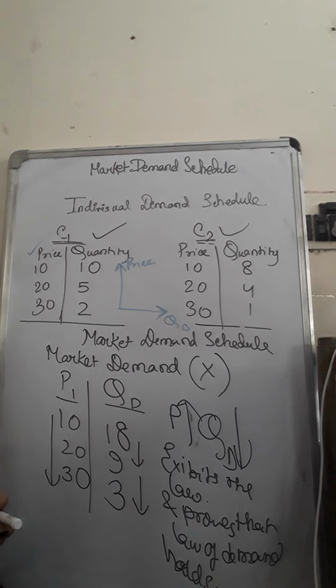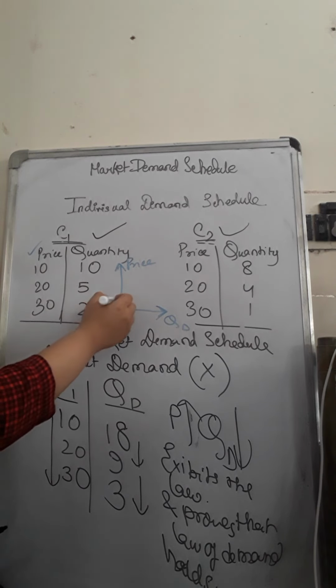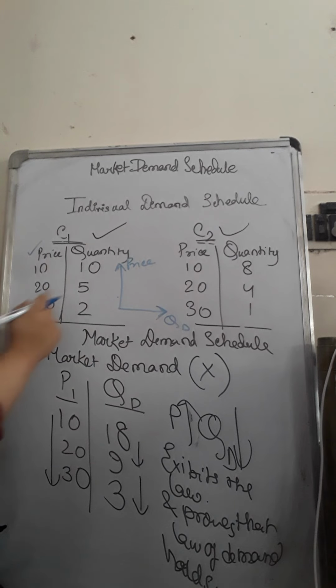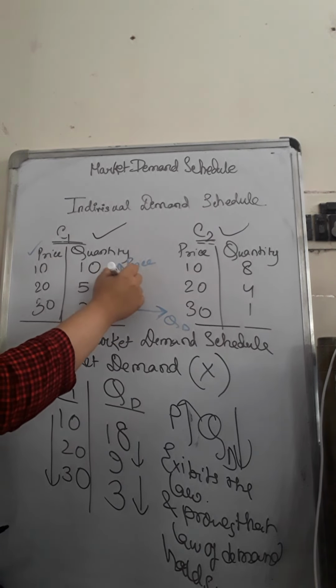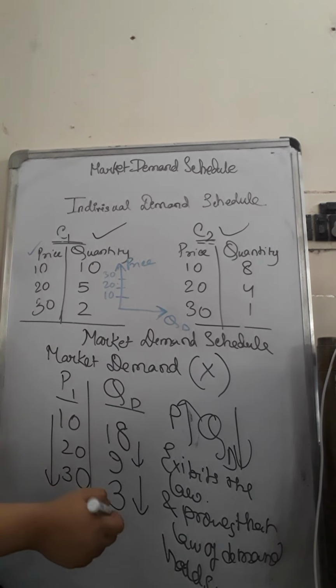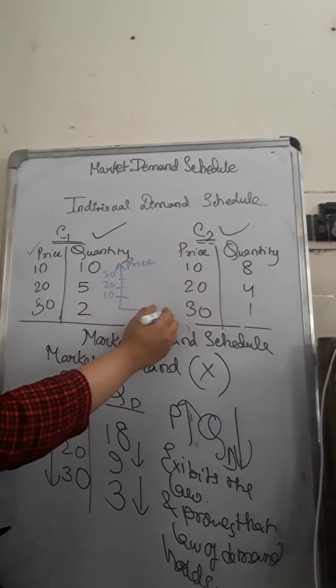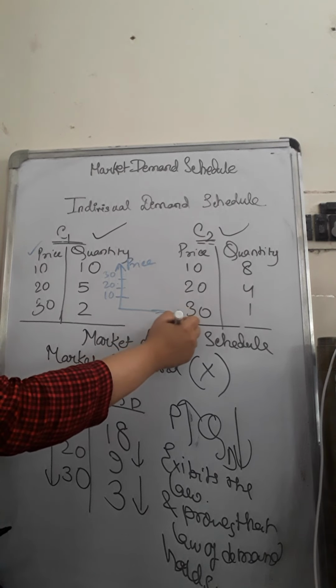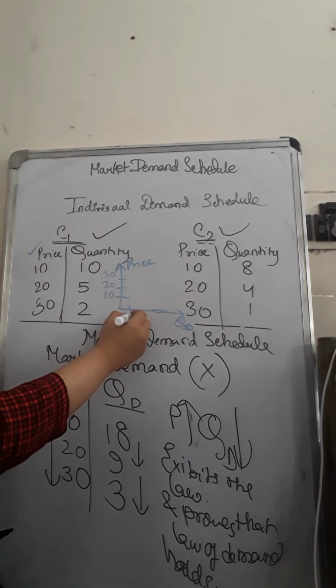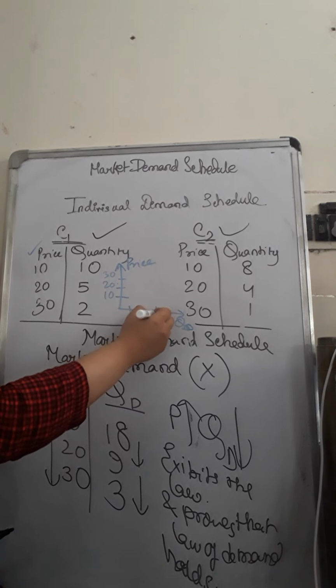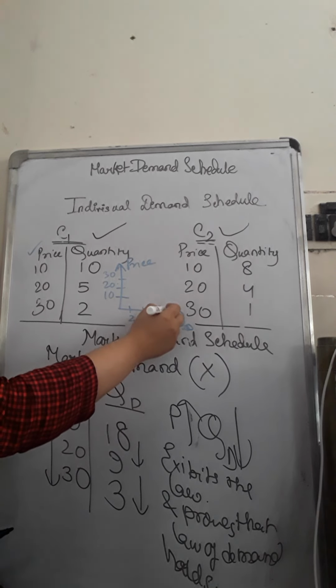Now we take a proper scale. Suppose the price is 10, 20, 30. And for quantity demanded, let us take 2 units, we have to draw a proper scale: 2, 4, 6, 8, 10.